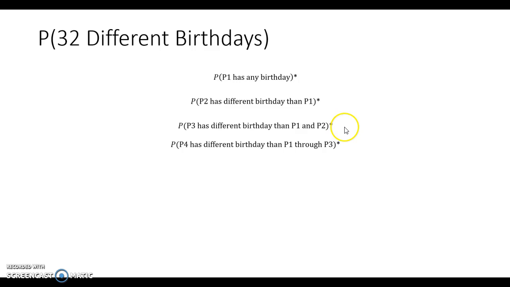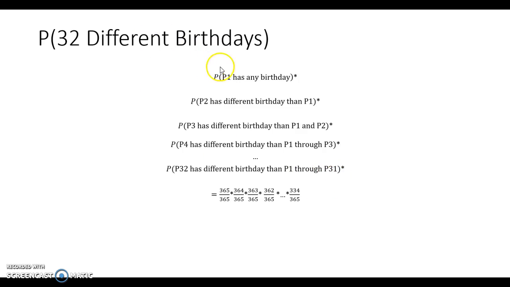We're going to multiply these probabilities together, keeping in mind that they're independent, because the fact that your birthday is on June 22nd does not change or affect the likelihood of my birthday being or not being on June 22nd. Regardless of what your birthday is, the likelihood that my birthday is June 22nd is 0, because my birthday is not on June 22nd. So we continue in this fashion up until the 32nd person, and that's the probability that person 32 has a different birthday than people 1 through 31.